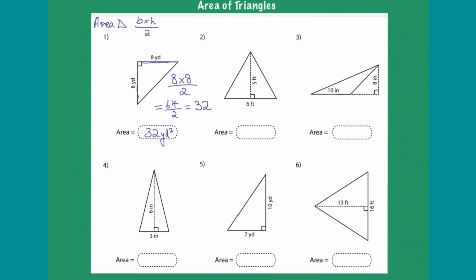So all you have to do here is find out your base, which is 6, and then your height, which is 5, and divided by 2, which means 6 times 5 is 30. 30 divided by 2 equals 15. So your final answer is 15 square feet. So you put the square up here. All right. So let's try and do number 3.